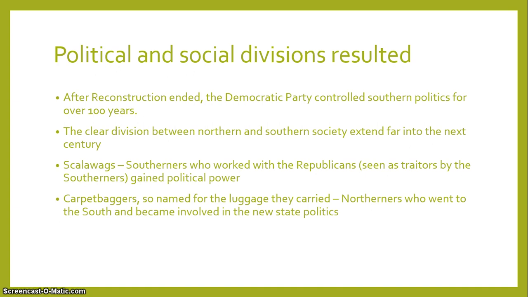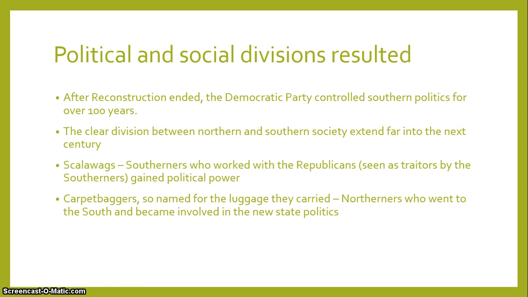Scallywags were Southerners who worked for the Republicans, and they used it to gain power. They tried to bring these new economic and social changes. But once they did that, the Southerners felt that they weren't real Southerners anymore. That's really significant because you can see a coalition develop around what is an actual Southerner at this time.